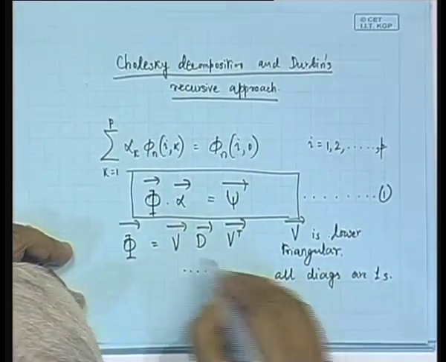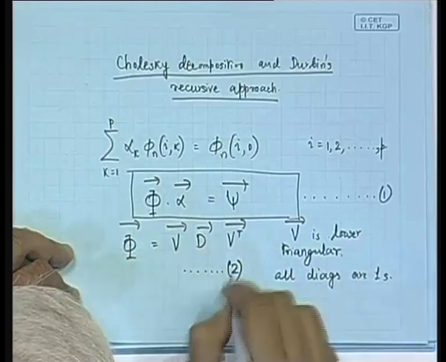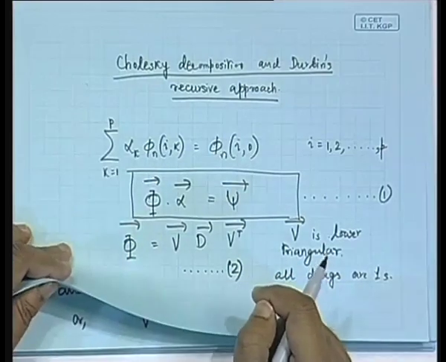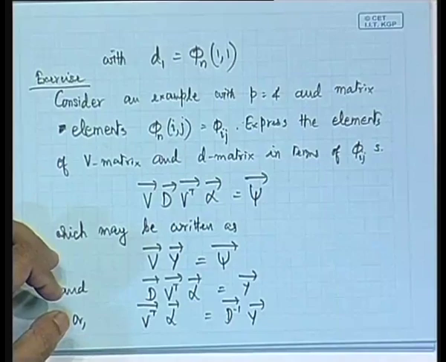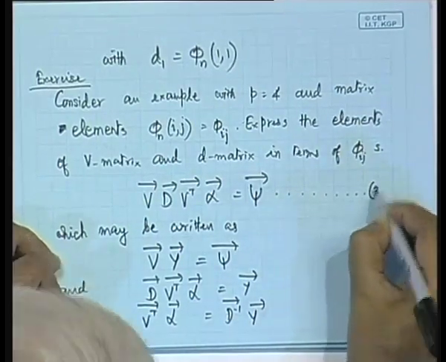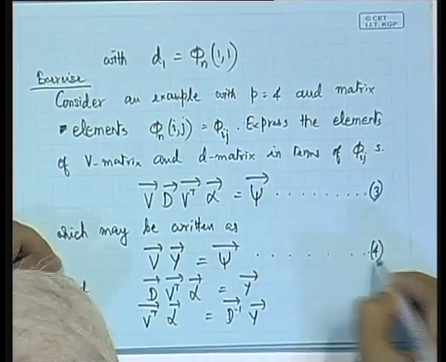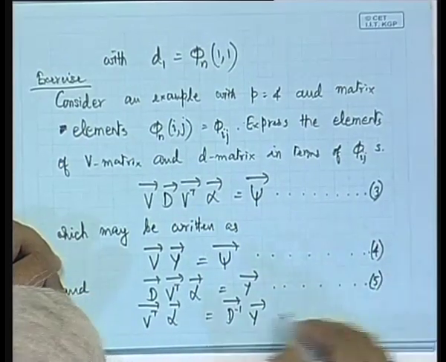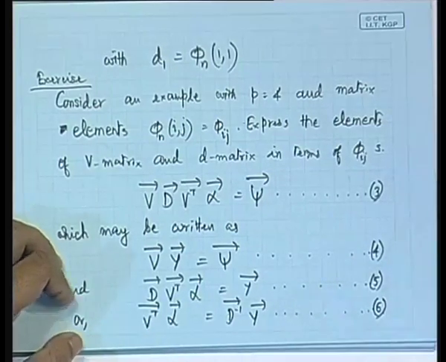Then this phi is equal to V D V transpose, what we are doing after the decomposition, we write as equation number 2, and then let us number this one as equation 3, and then this we write as equation 4, and this one we will call equation 5, this one as equation 6, right.